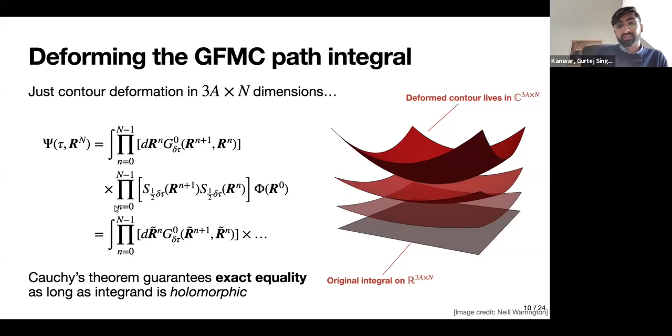And so if this integrand is holomorphic, we are free in principle to deform this into a submanifold of C to the 3A times N, which in general I'll write with tildes when we do these deformations. And we can then just plug in our deformed coordinates. Maybe we have to expand this deformed measure also and appropriately account for a Jacobian. But having done so, then Cauchy's theorem would guarantee us that we're not introducing any bias. We're still computing the same GFMC expectation values. And maybe if we chose a good contour, we would be making progress.